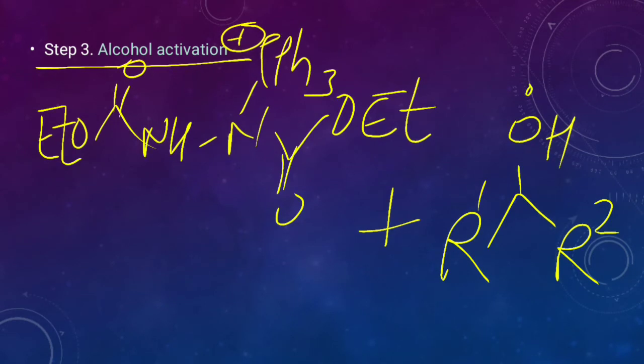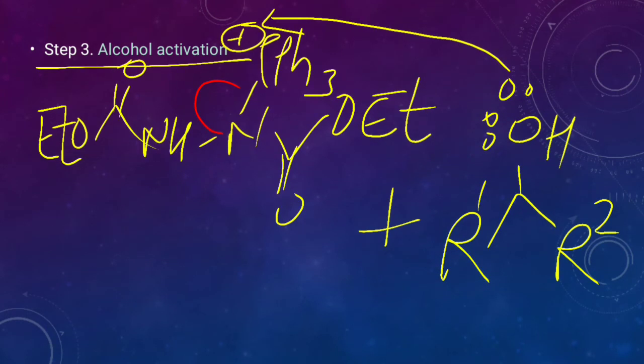Now oxygen contains two lone pairs. So this lone pair is attracted by this positive charge and this bond is shifted to this nitrogen and this nitrogen now becomes an electron rich species. Nitrogen abstracts this hydrogen from the alcohol and oxygen attaches to this PPh3 group.